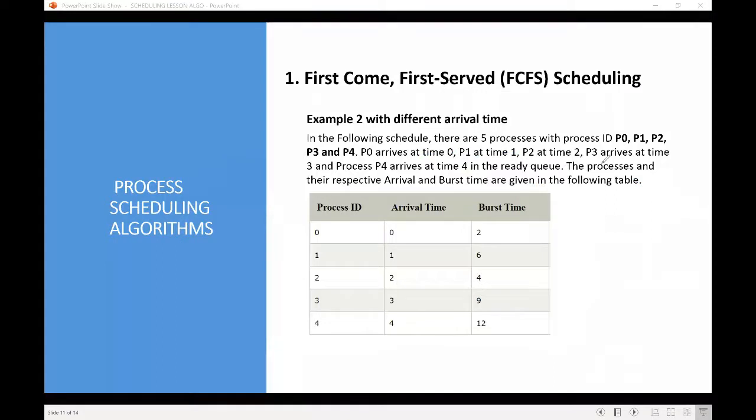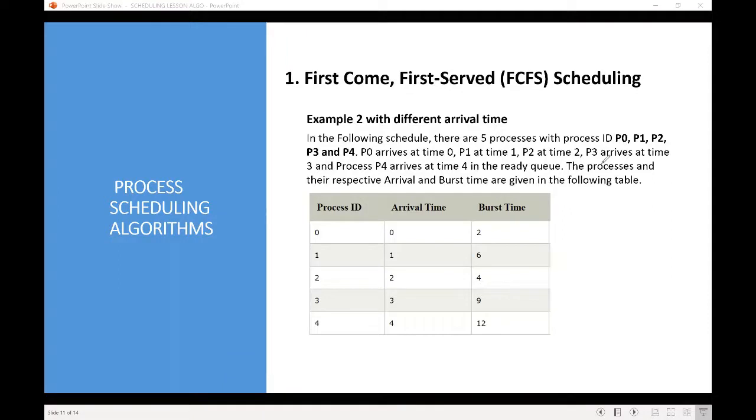In example number 2, we have 5 processes: P0, P1, P2, P3, and P4, and their arrival times. We find that P0 arrived at 0 milliseconds, P1 at 1, P2 at 2, P3 at 3, P4 at 4.